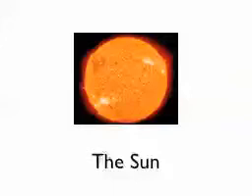Our sun is fusing hydrogen into helium. Because our sun is the largest thing in our solar system, it has the most gravity of everything else in our solar system, which is why all of the other planets orbit around the sun.